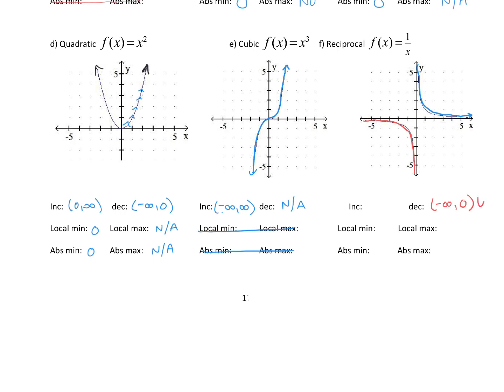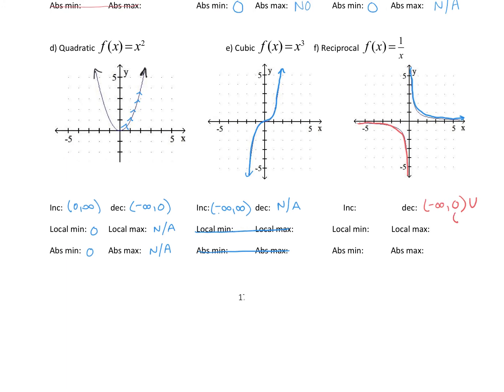So I'm going to say union 0 to infinity. So we're just going to skip over that 0. And in this particular case, it's never increasing. And because these are continuing on forever, we have no local max or local min in this particular case.